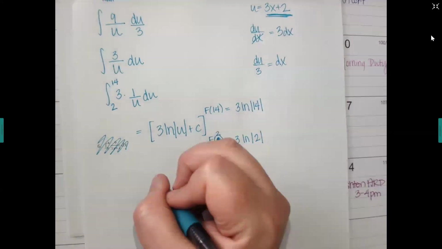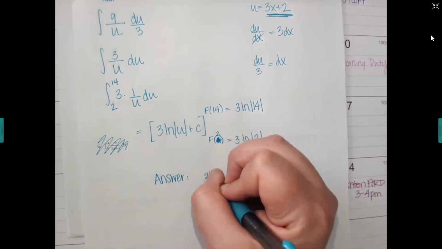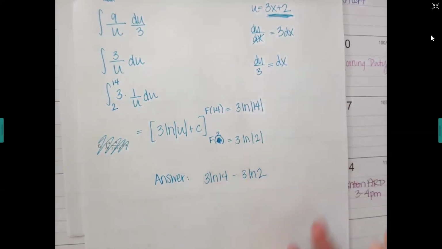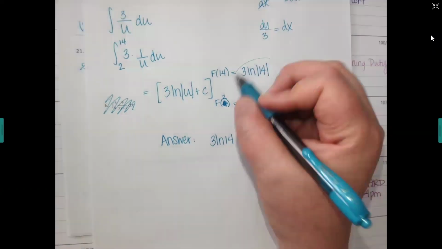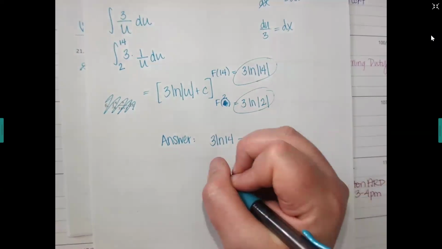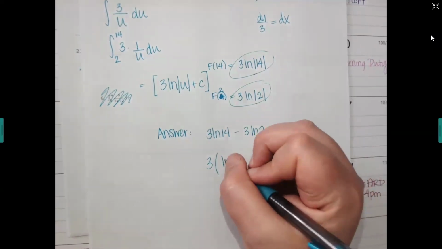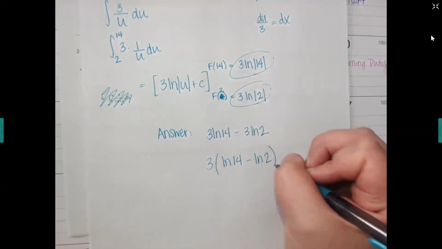So really, for my final answer, it's going to be 3 ln 14 minus 3 ln 2. What should I do to my answer from there? Take out the 3. That leaves me with the natural log of 14 minus the natural log of 2.